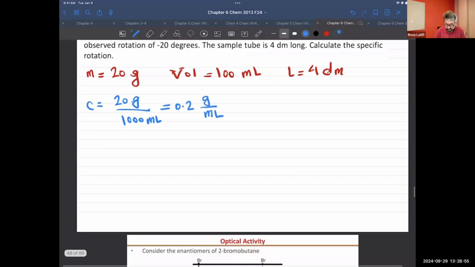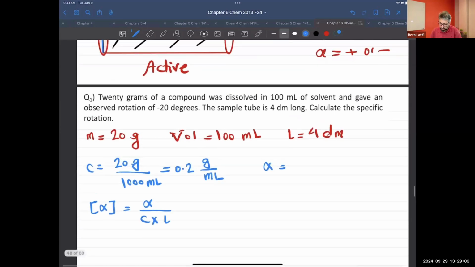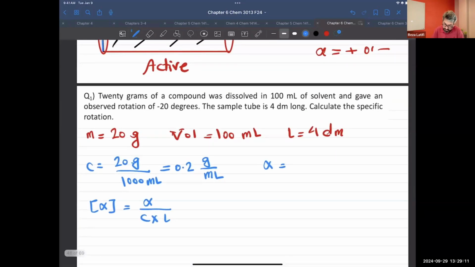Okay, let's calculate the specific rotation. The specific rotation is going to be alpha, the observed one, divided by C multiplied by L. And what was the alpha? The observed one, it says, is minus 20.